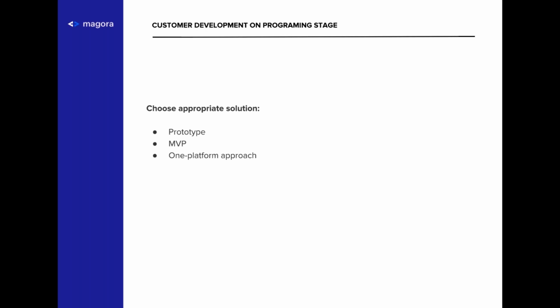It's a phased approach. The next stage is the one platform approach. We're very much a one platform organization at Magora. What I mean is, if you want to build an app, by knowing your users you'll have an understanding of how they interact with your service or product.